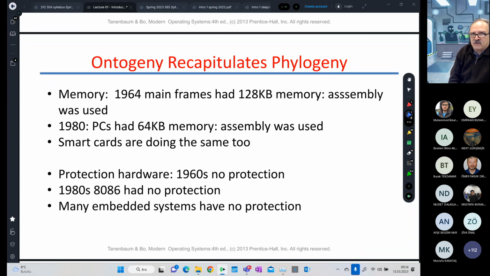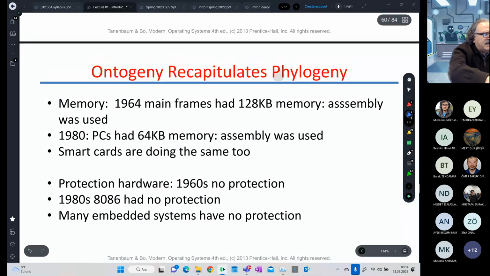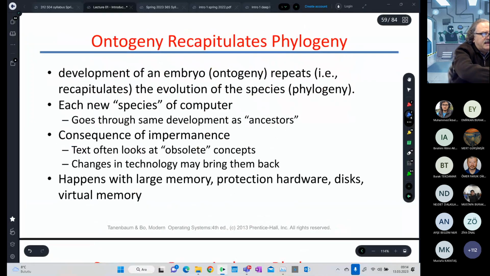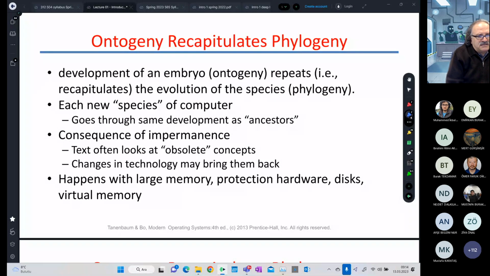And smart cards, as we learned last time, have their own CPUs and operating systems, but they are so small and so weak, with CPU and memory limitations, that we have to write our code in assembly to make it more efficient. So again, we are living the same thing. Each new type or species of computer goes through the same development as its ancestors.